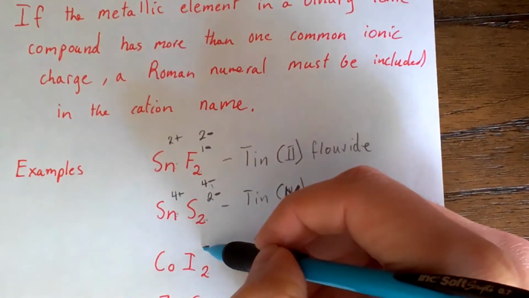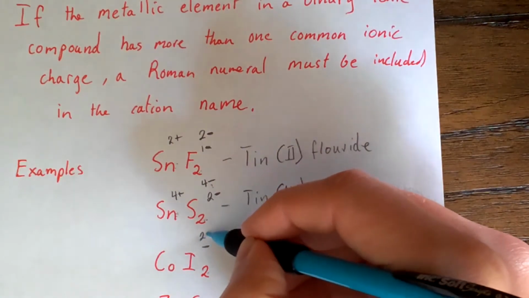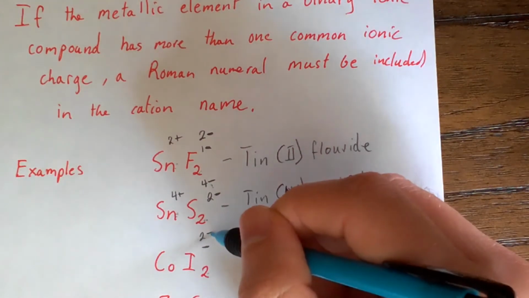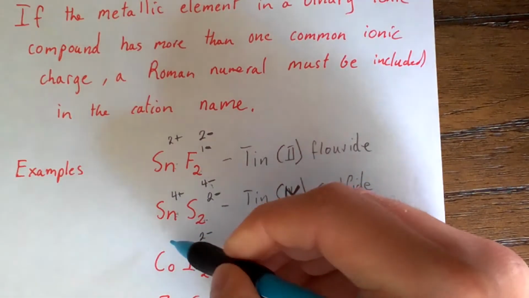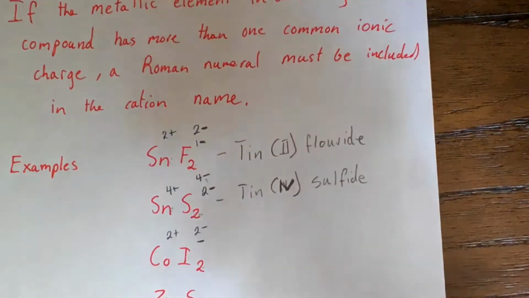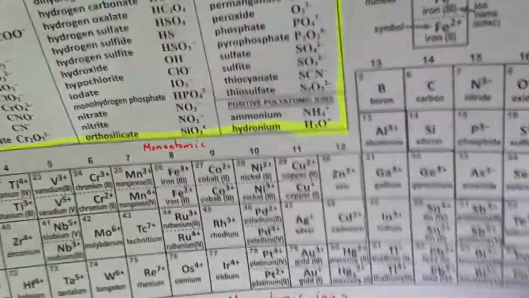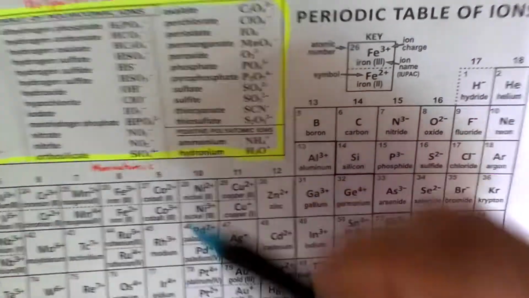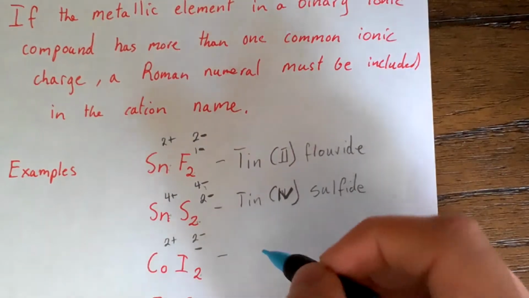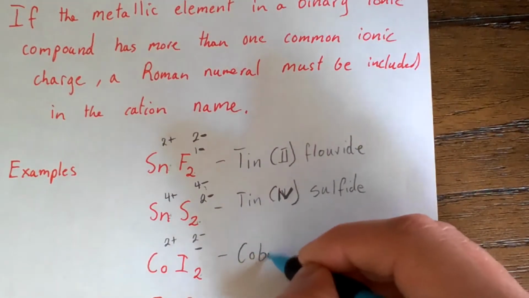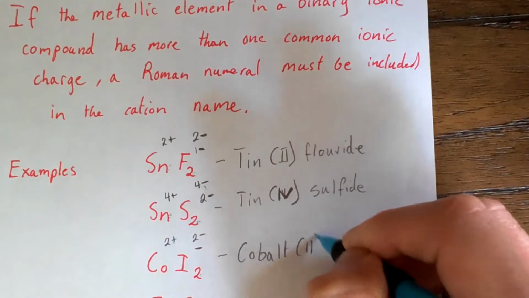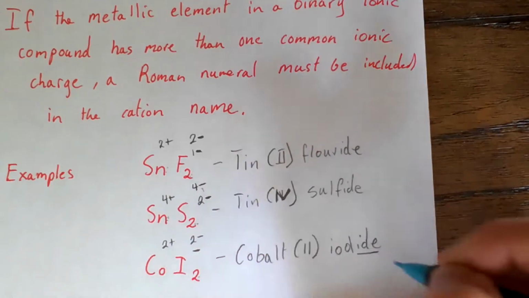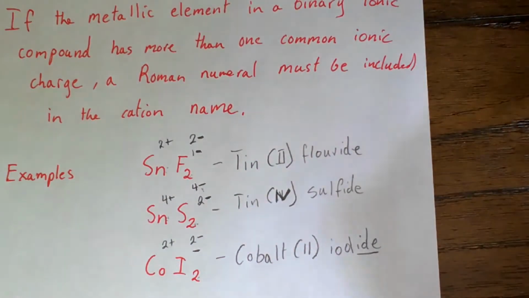What is 2 times -1? 2 times -1 is -2. If we only have 1 cobalt, what will cancel out -2? The answer is +2. So what do you call cobalt that has a 2 positive charge, or that lost 2 valence electrons? It's cobalt Roman numeral 2. So the name of CoI2 is cobalt Roman numeral 2 iodide. Remember, non-metals always change the suffix ending to -ide.